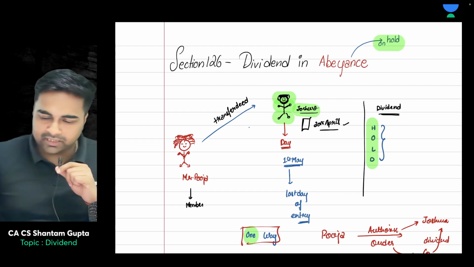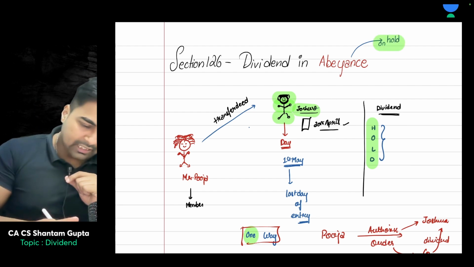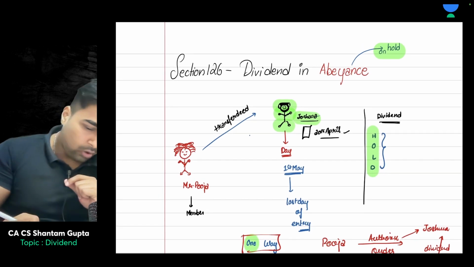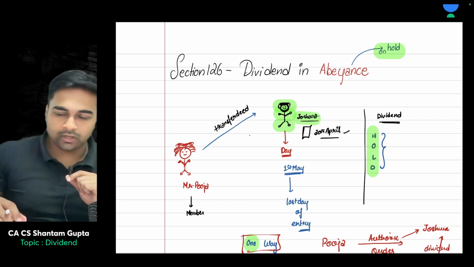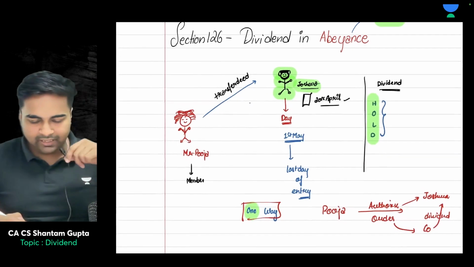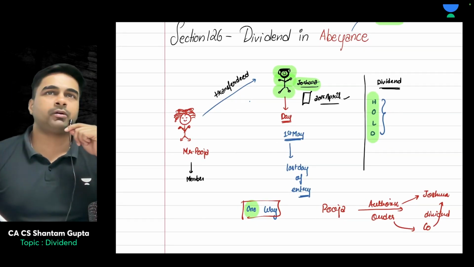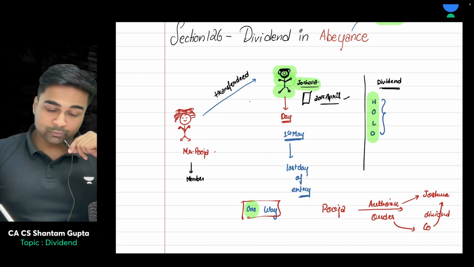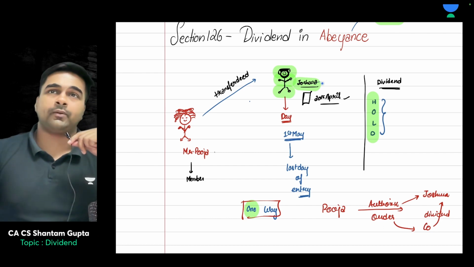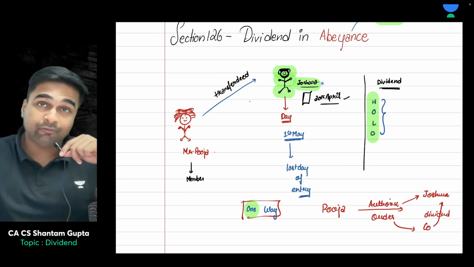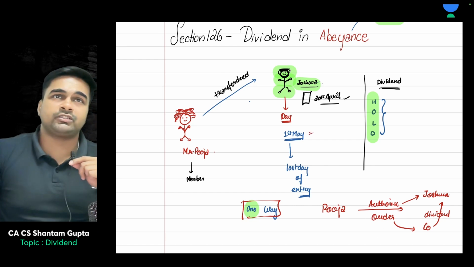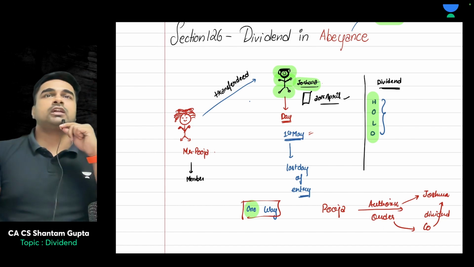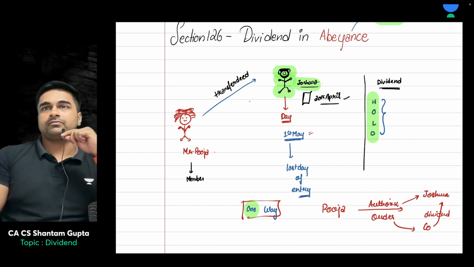Basically, Silva, it means that if the company has closed the books already on the record date, the day that the company wants to close the books, the company will obviously pay dividend to the person who is named as the member. But what has happened is Pooja has transferred her shares to Joshua, a day before the closing of the books, which happened on 1st May. They deposited the transfer deed on 30th April.